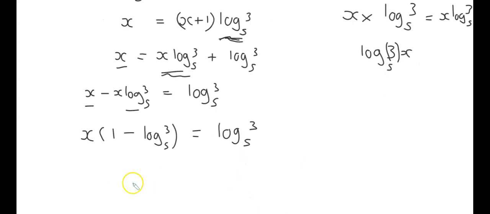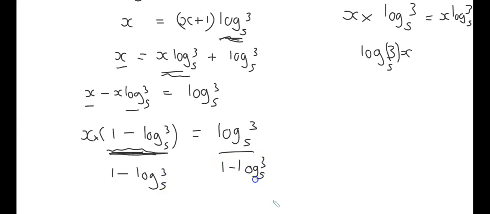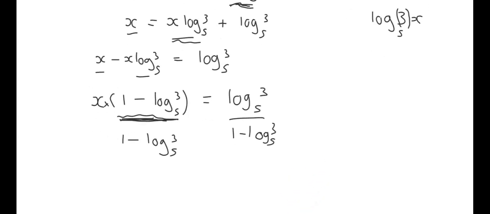And then, remembering that we want to make x the subject, you could just divide through by these two terms because it's x times these two terms. So what we can do is divide both sides of this equation by 1 minus log 3, 5, and then we can simplify that.